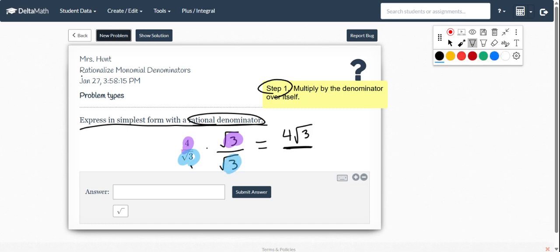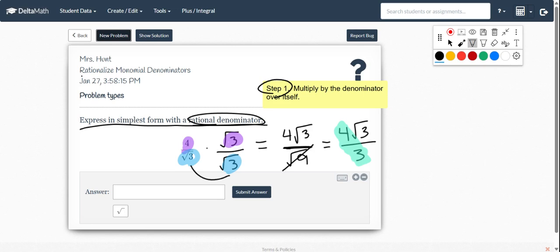You can multiply those together. So 3 times 3 is 9. The square root of 9 is 3. Check to see if the coefficients, or the numbers here, simplify, and simplify them if you can. In this case, they can't, so we're done.